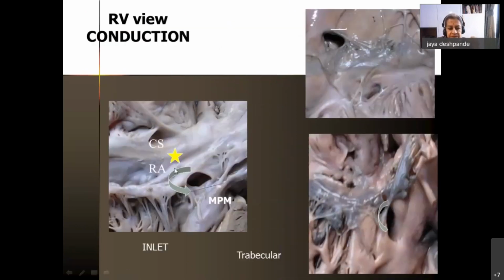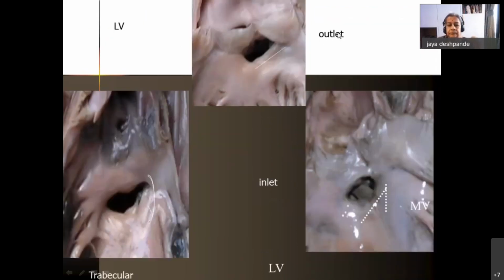So as I told you, this is the inlet type. The conduction system has to traverse all the way up to here, to the medial papillary muscle. In the trabecular type, it has to come only here. And in the outlet type, it has to travel a still shorter distance. So this is from the left ventricle.